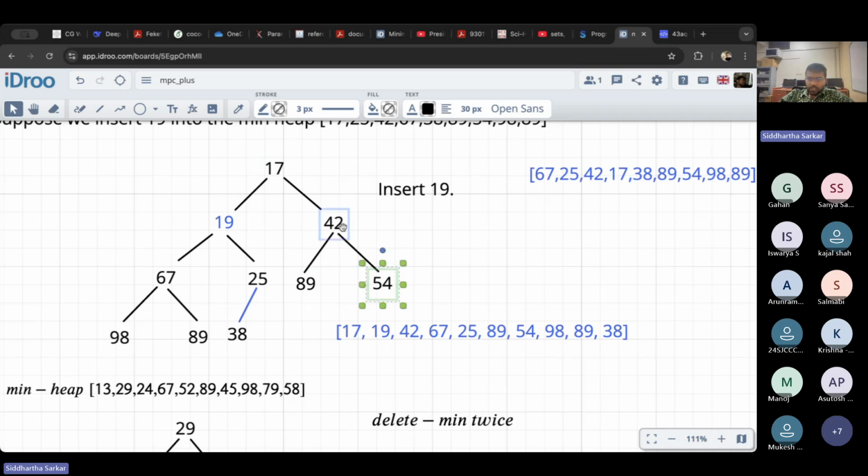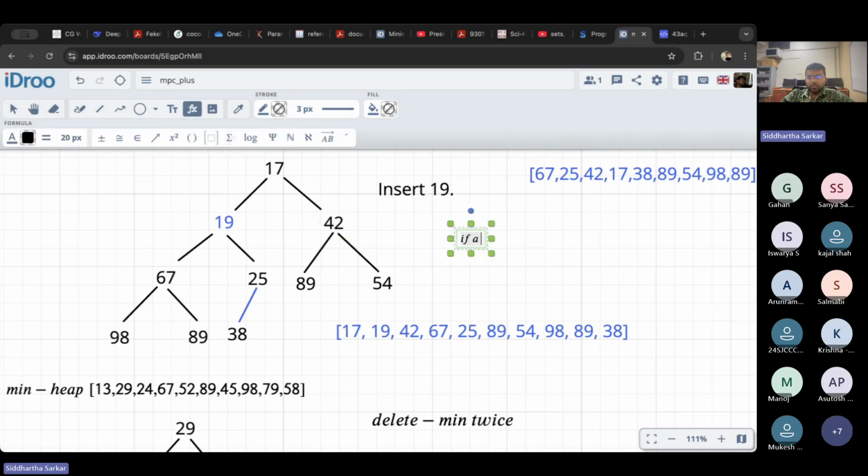So remember, 42 in this case is at index 2. So how they do it is that, if I remember correctly, for the ith index node, just listen, ith index means in the list.